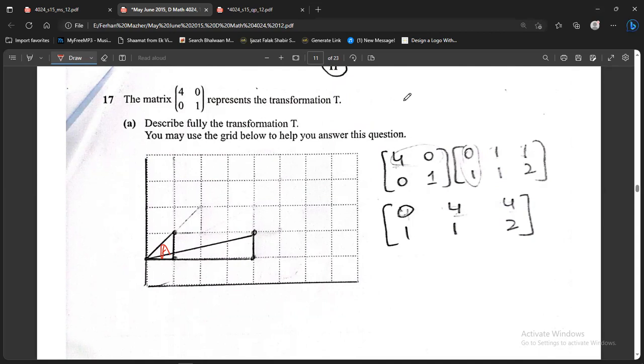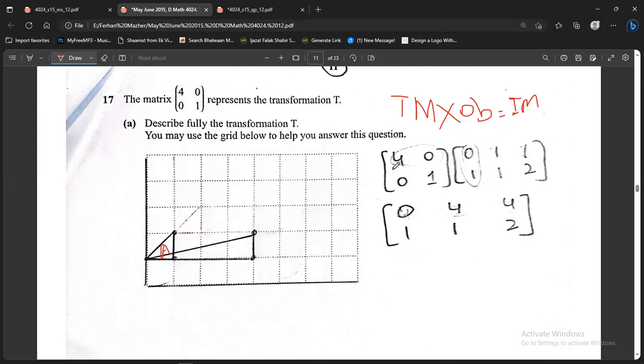Here you have the transformation matrix. So the transformation matrix multiplied by the object is equal to the image. So I will multiply the transformation matrix with the coordinates of the object, and whatever answer I get will be the image coordinates.